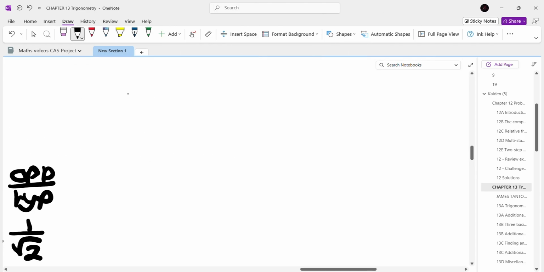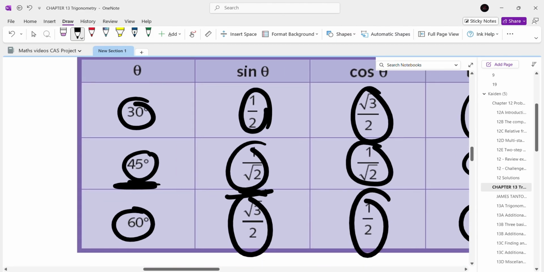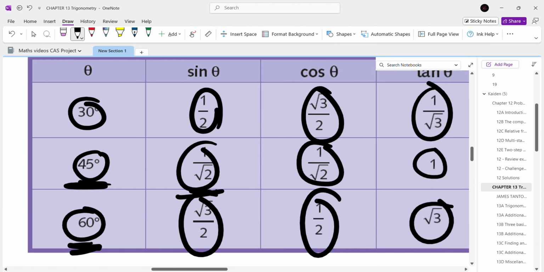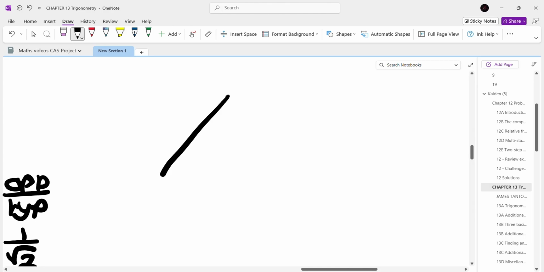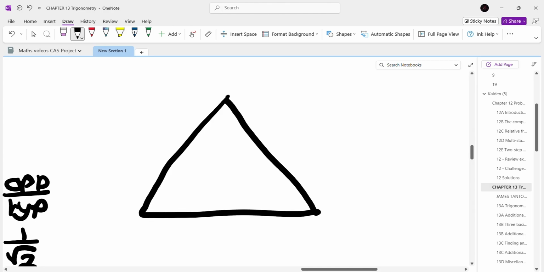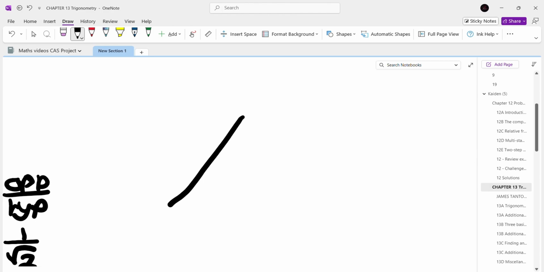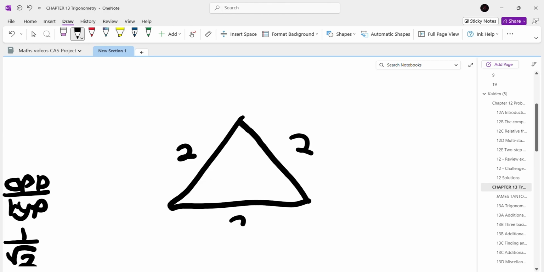Alright, so in order to prove another one, let's try and prove sine of 60 and cosine of 60. So let's just say we have an equilateral triangle here where all the sides are equal to 2. So 2, 2, 2. Now let's cut this one in half.